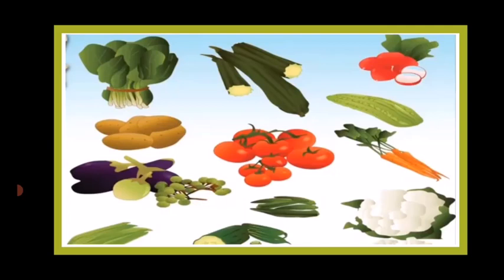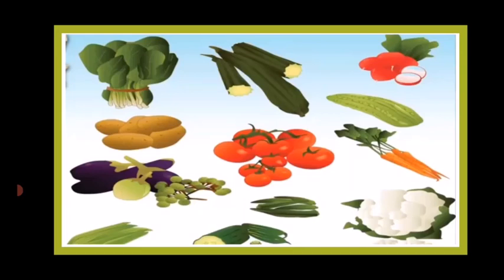So in our food we include grains and we include vegetables. Look, what are the vegetables here? There are so many different vegetables. We eat some of them on a daily basis, isn't it? So we have tomatoes, we have ladyfinger, we have potatoes, brinjal, spinach, cauliflower, carrots. So there are different kinds of vegetables here.